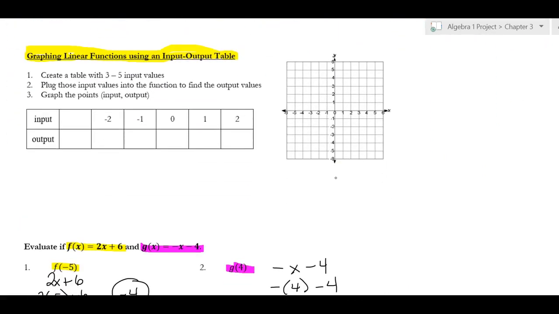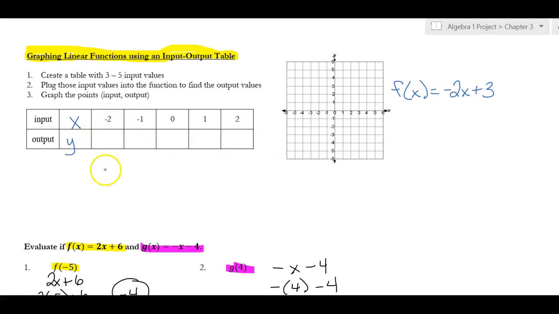So input is what controls it, and that's X. Output is what we get in result, which is Y. And so what happens is I have values, and I'm going to plug it in. So what we need to do is we need to create a function for this. So let's say the function of X is going to be -2x plus 3.